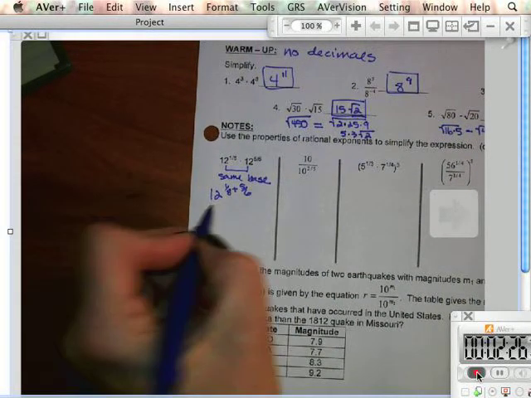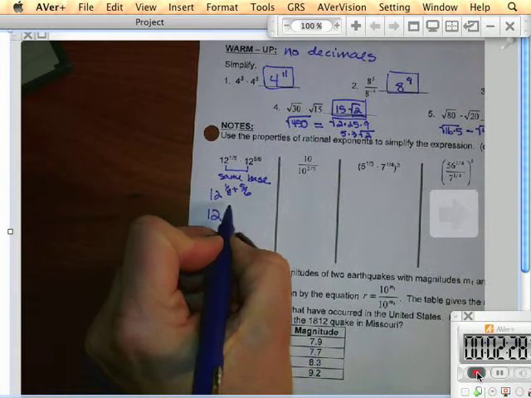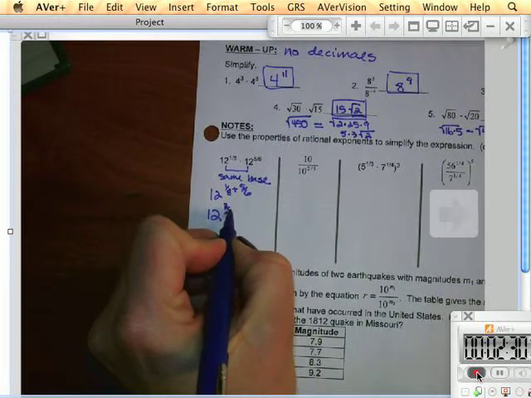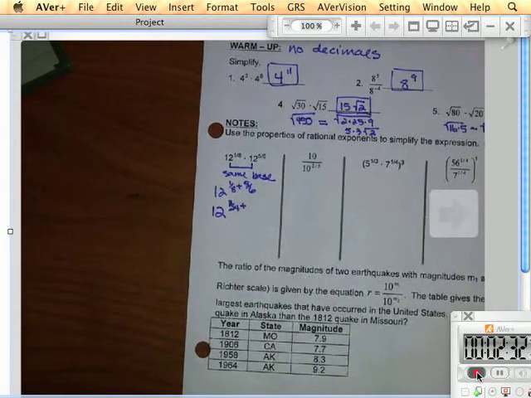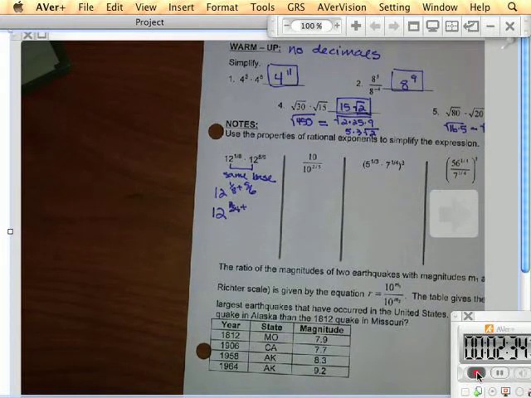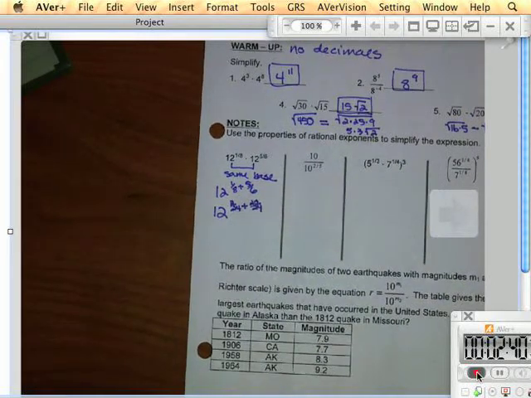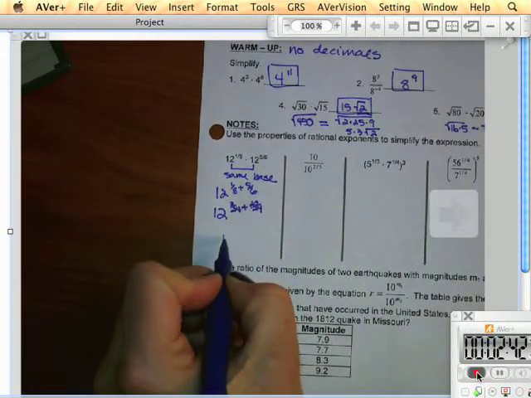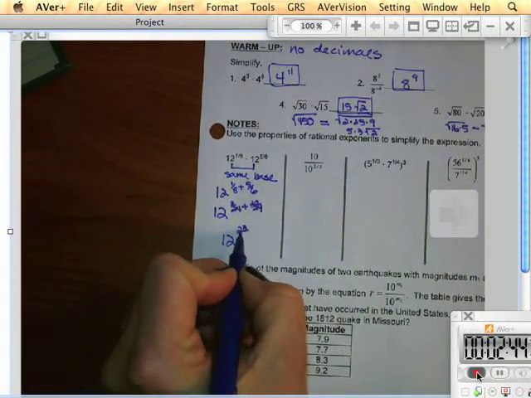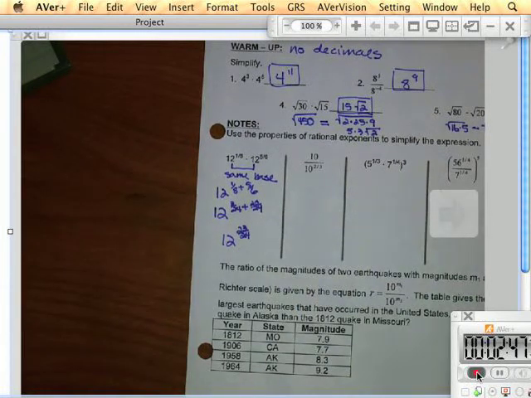So it would be 12 to the 3 over 24, plus, what do I multiply 6 by? 4, right? 20 over 24. And then you just add them together. 12 to the 23 over 24, that's as far as I can go.